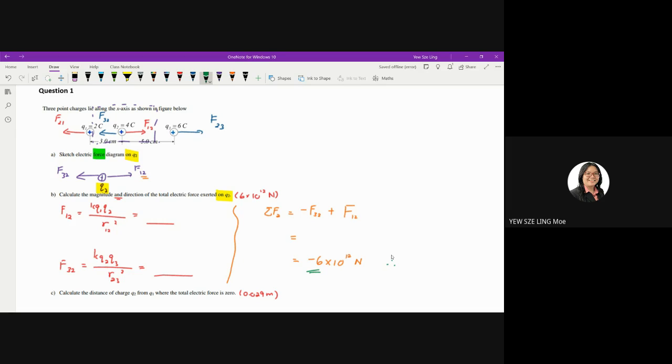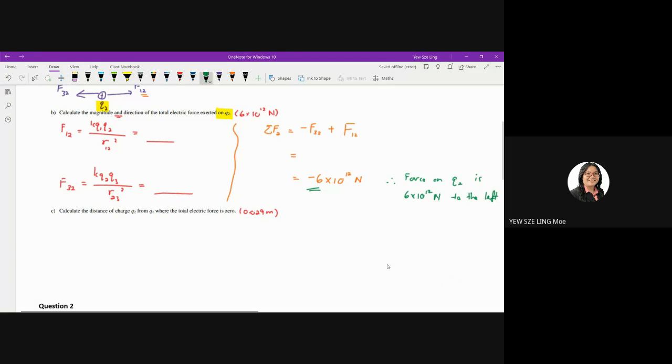So the resultant force, the force on Q2, is 6 times 10 to the power of 12 newtons. Well, negative means it is to the left. So the force acting on Q2 is 6 times 10 to the power of 12 newtons to the left. Change it into a statement form. Remember, whenever you have a negative value, you rewrite it in the statement form.